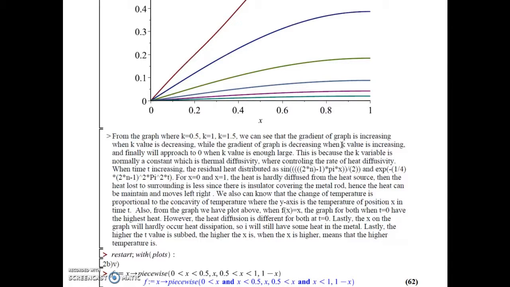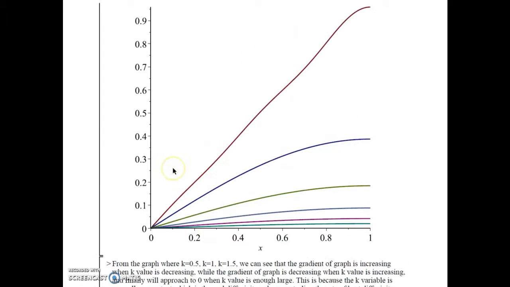This is because the k variable is normally a constant, which is the thermal diffusivity. We are controlling the rate of heat diffusion as t increases. When some heat is applied to the line and the k value gets larger and larger, the graph curves until it goes to the end, meaning 0.